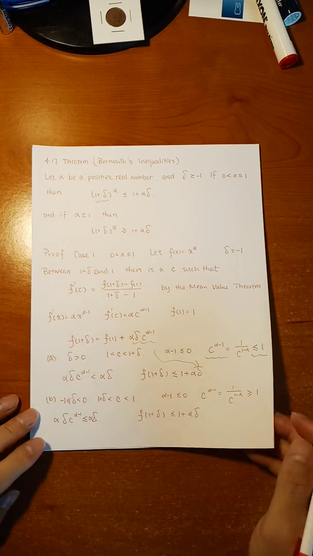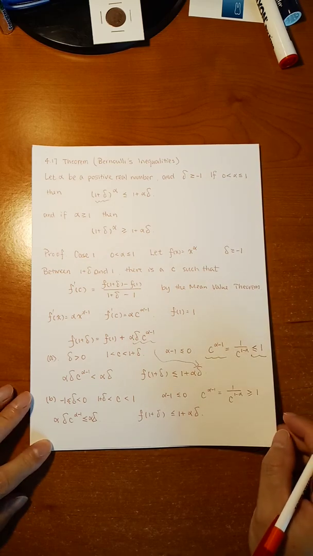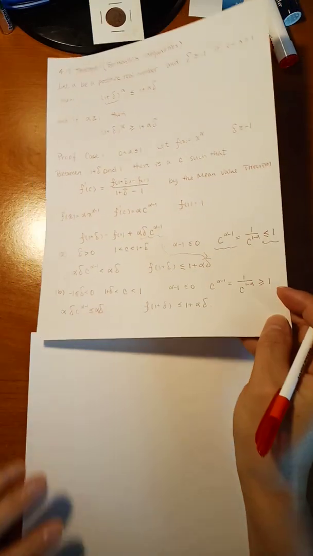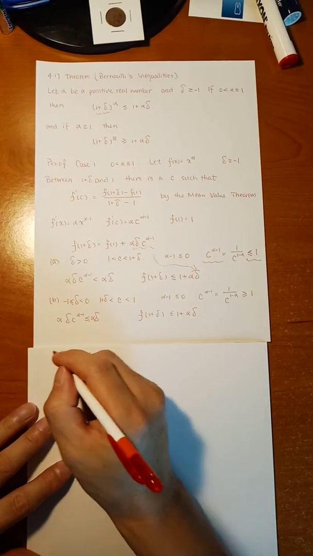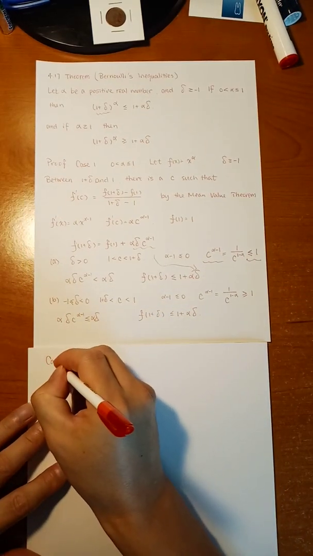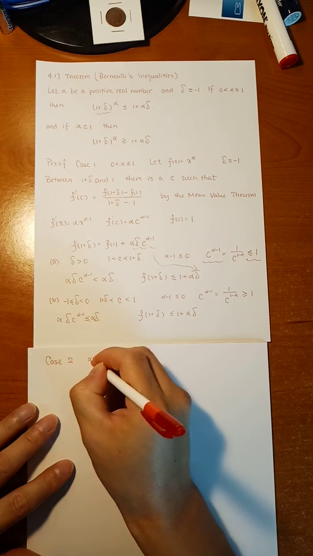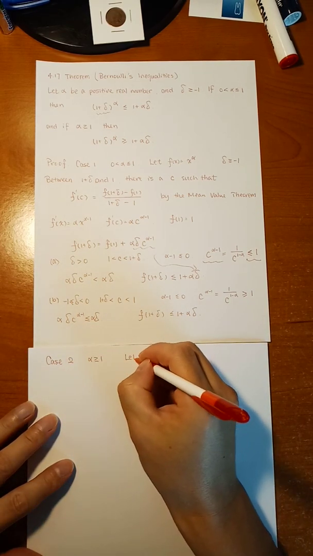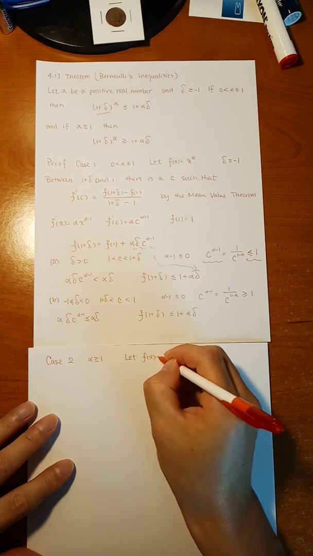Okay, so this is the case discussed by the textbook. Now let's see what happens if alpha is greater than or equal to 1. We do the same argument.